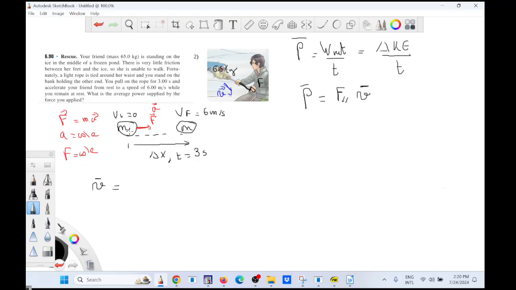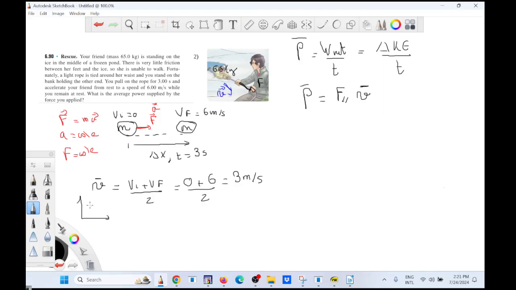Because the speed is increasing at a constant rate, I can say that it's going to be the initial plus the final divided by 2. So it's going to be 0 plus 6 divided by 2, which is 3 meters per second. Why?